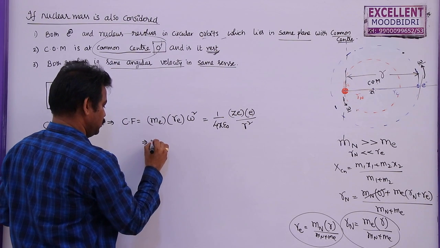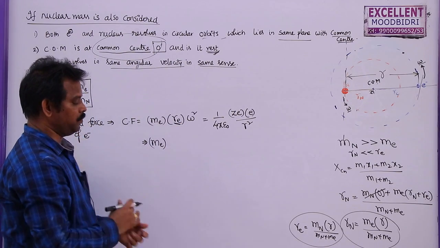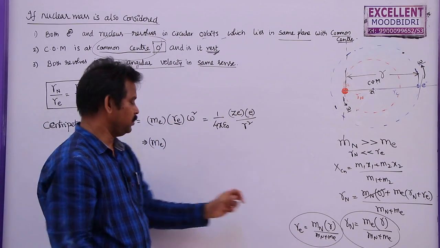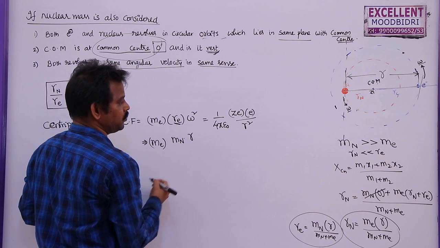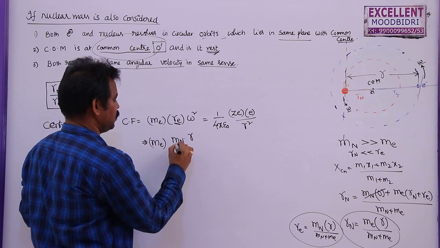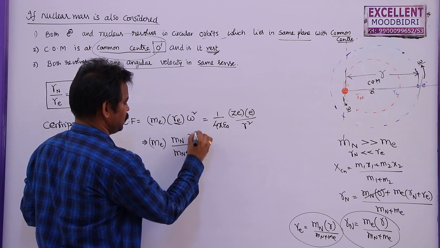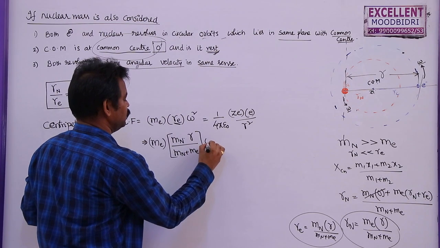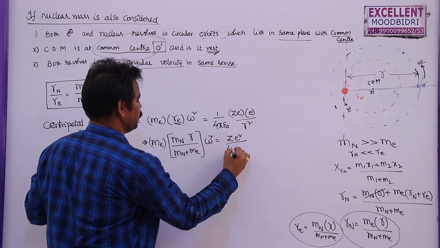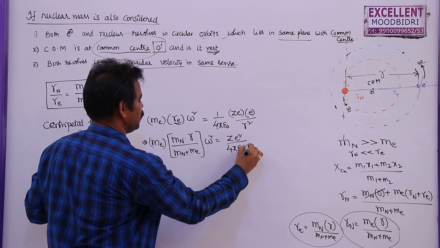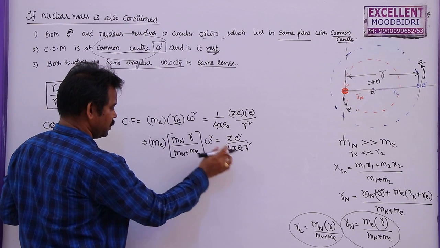So now you can write mass of electron into the radius of the electron orbit, which is mass of nucleus into the distance between the electron and the nucleus, by mass of nucleus plus mass of electron, into omega square, equal to Ze square by 4 pi epsilon naught R square. From this, we can keep omega square here.